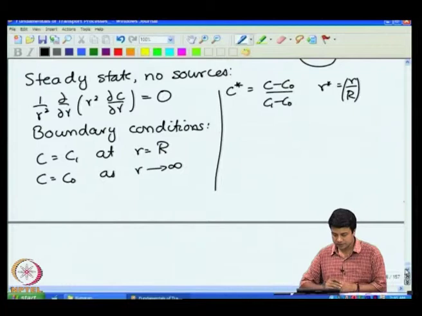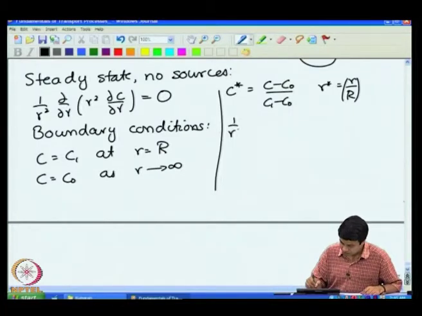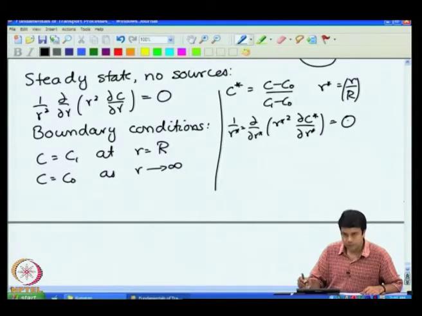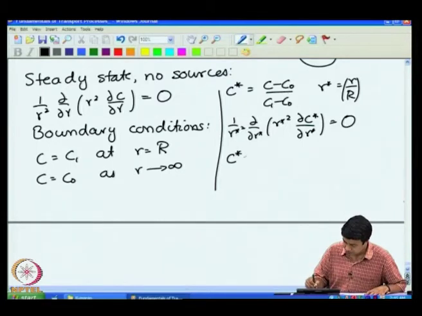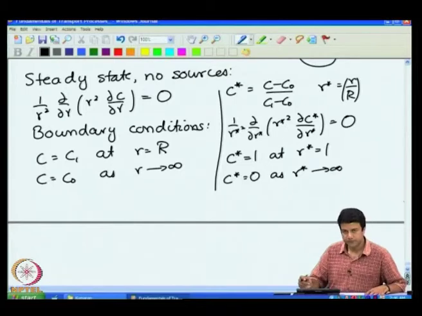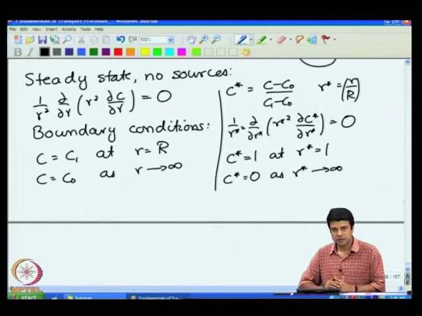The equation remains the same, 1 by r square d by dr of r square dc by dr is equal to 0. Boundary conditions are C star is equal to 1 at r star is equal to 1 and C star is equal to 0 as r star goes to infinity. So, for the scaled concentration and distance fields, these are the boundary conditions.